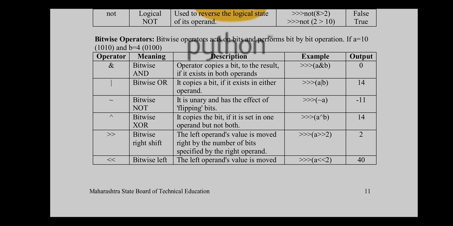Then bitwise right shift and bitwise left shift. So bitwise XOR is also used for symmetric difference. We are already aware of the difference, that is, we are using the minus operation, the minus operator.